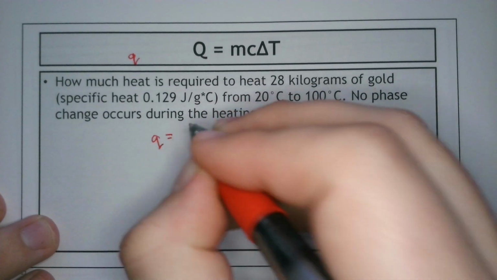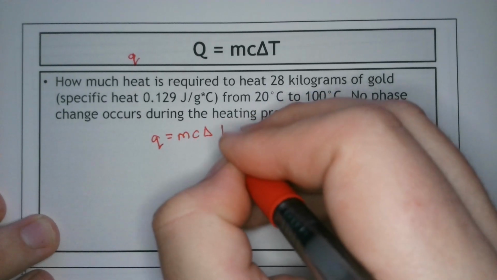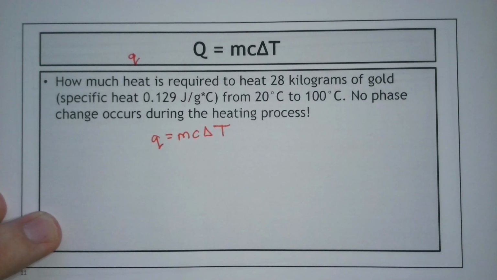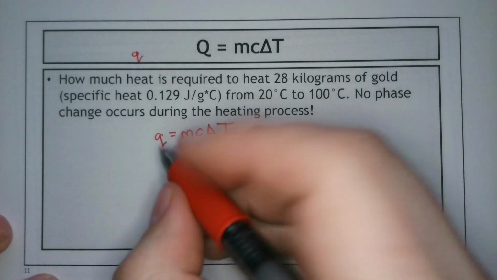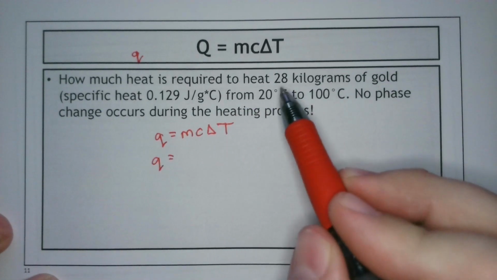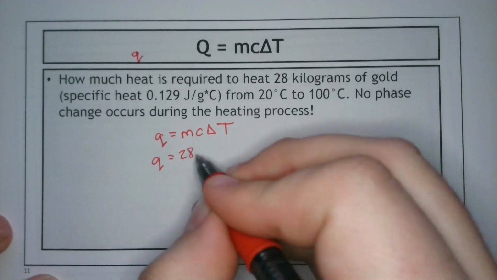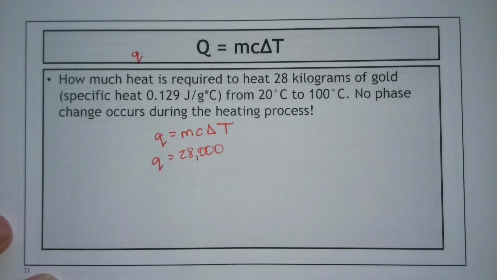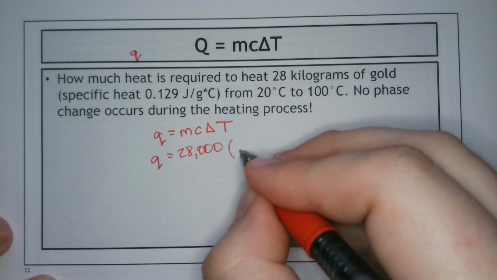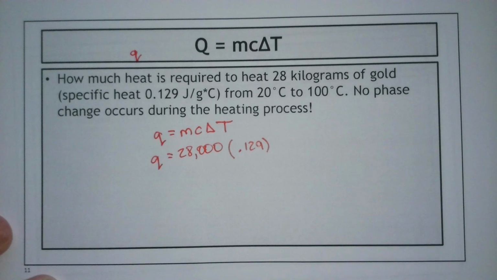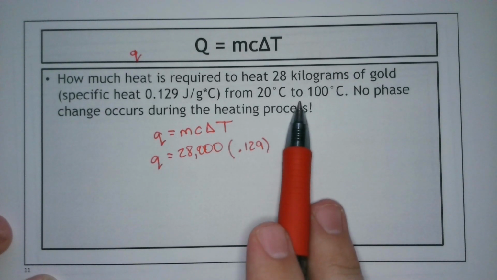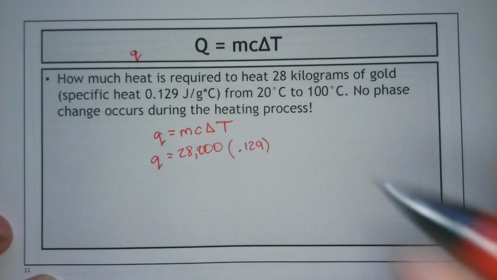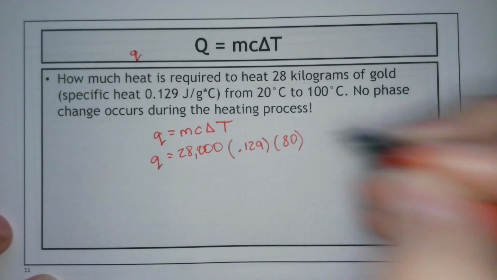All right, looking for heat. The change in temperature and the title of the slide all tell me I'm using Q equals mcΔT. So I'm looking for Q, that's how much heat. My mass of 28 kilograms, just times that by 1,000, or add 3 zeros, to turn it into grams. Your specific heat is 0.129, that's lowercase c. Your change in temperature, you can subtract it or just tell it goes up by 80. 100 minus 20 gives you 80.